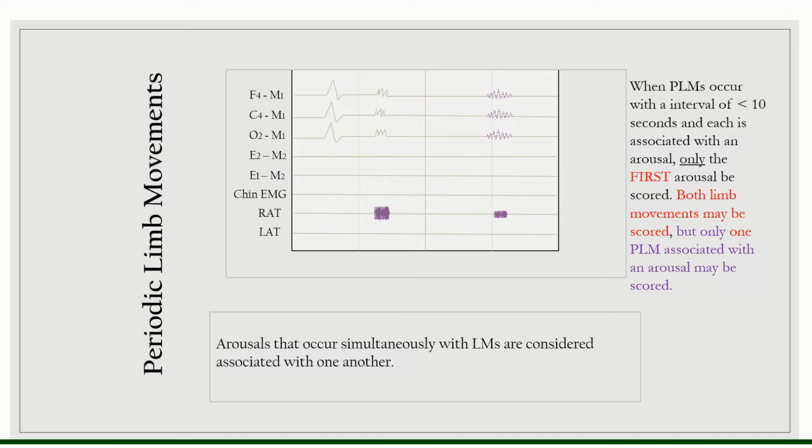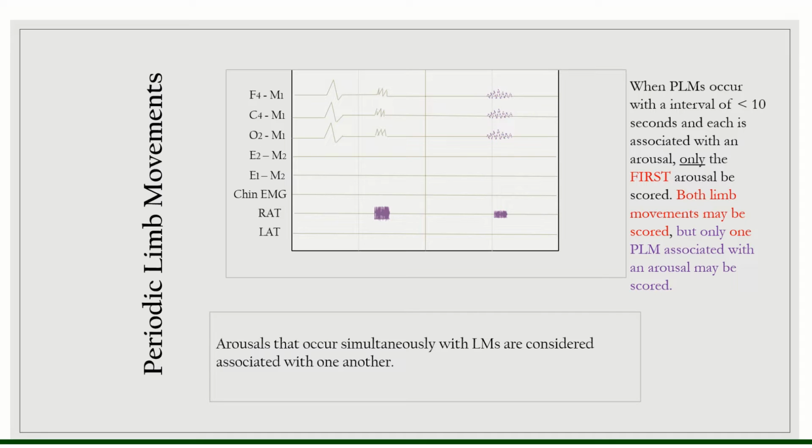Like let's say every 9 seconds, you have a periodic limb movement associated with an arousal. Every 9 seconds. We're only going to score that first arousal. We're going to score all of the limb movements, but we're only going to score that first arousal that's associated with the limb movements.